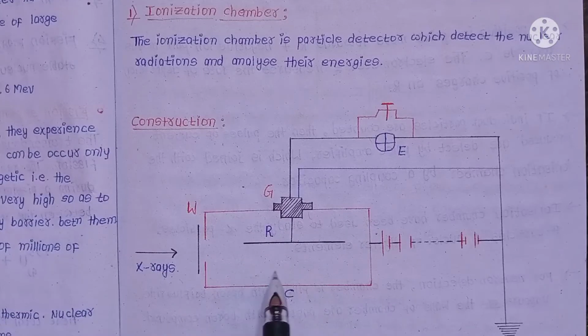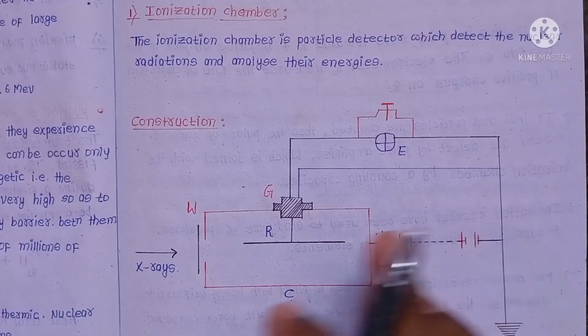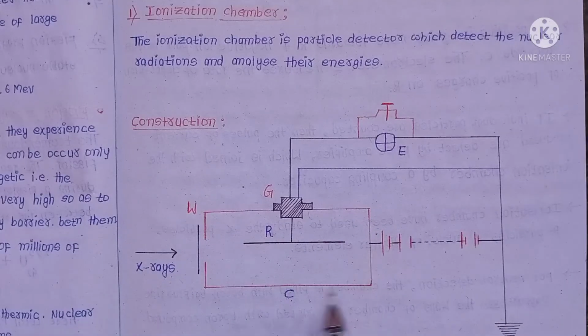Next, the cylinder is filled with a specific type of gas; gases like sulfur dioxide or methyl bromide are used inside this cylinder. What is the purpose of using these gases we will discuss in the working. So this is the general construction of the ionization chamber.